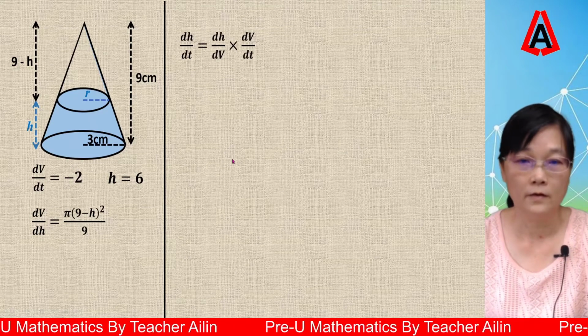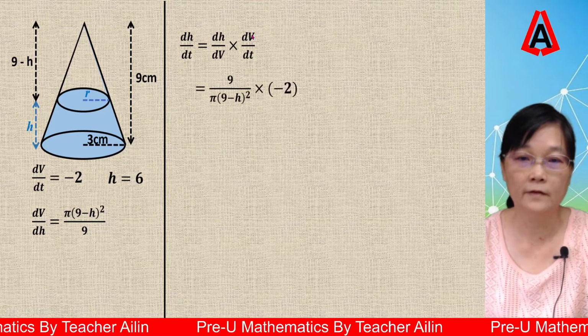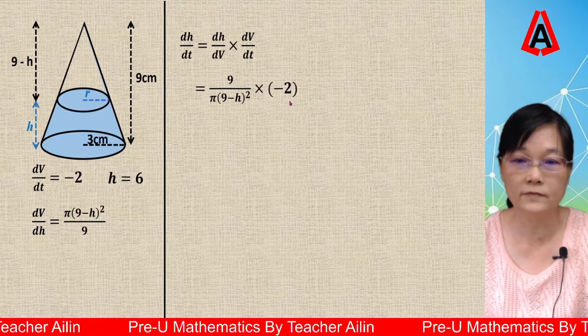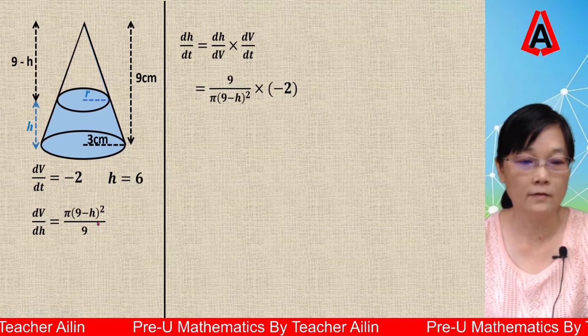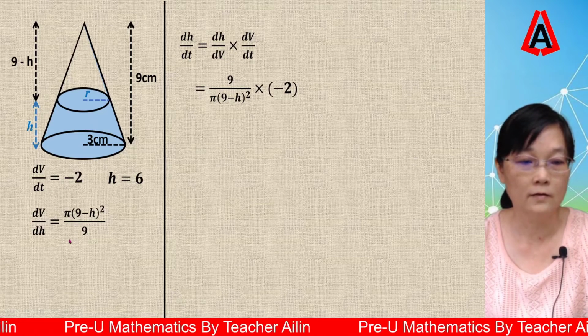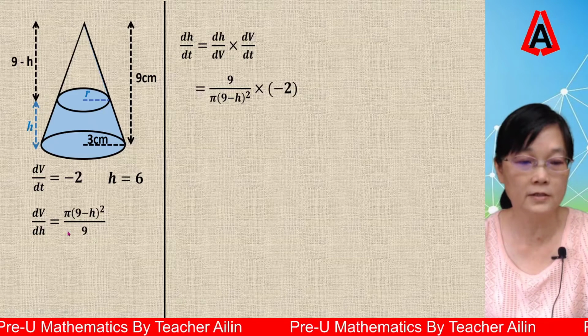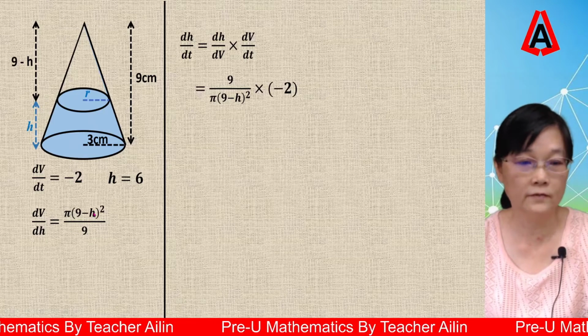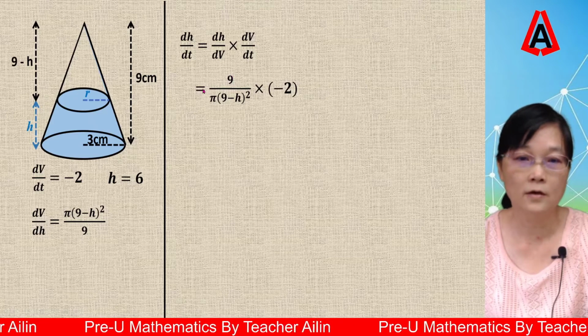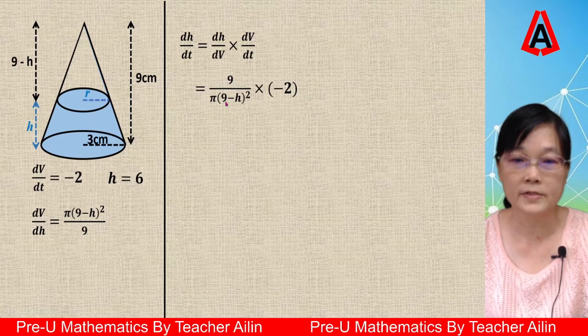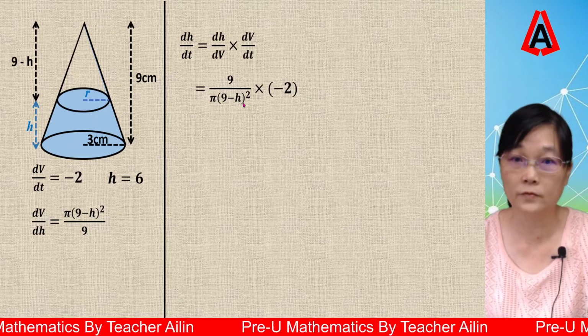Now I substitute the value of dV/dt, which is negative 2. For dh/dV, the calculation just now gave dV/dh, so for dh/dV I just put it upside down. That is 9 over pi times (9 minus h) power 2.